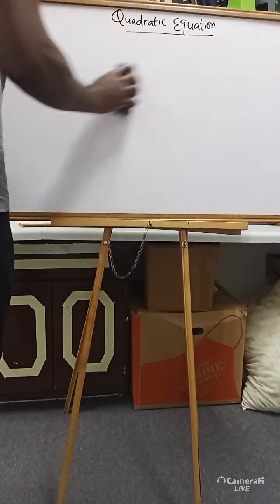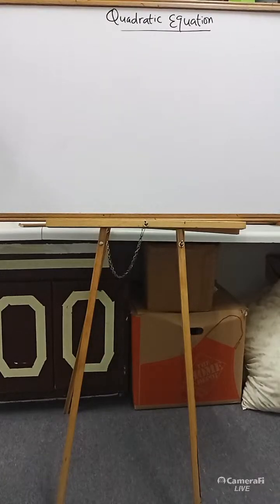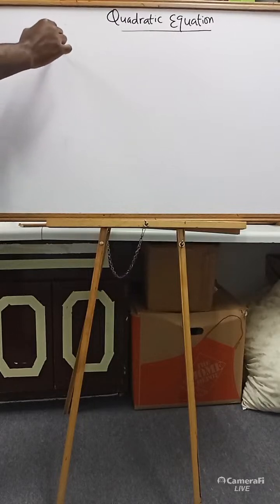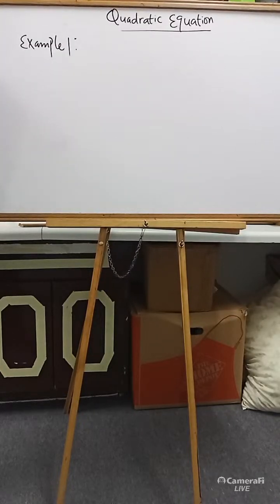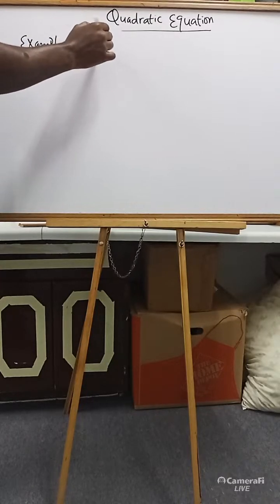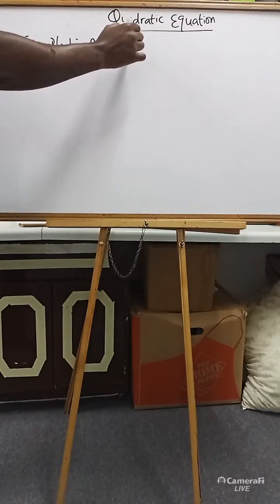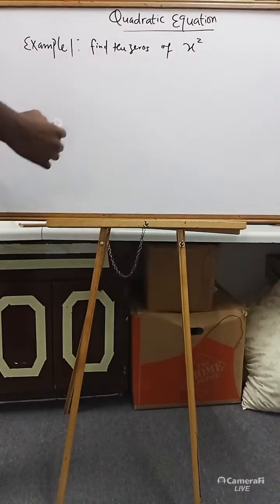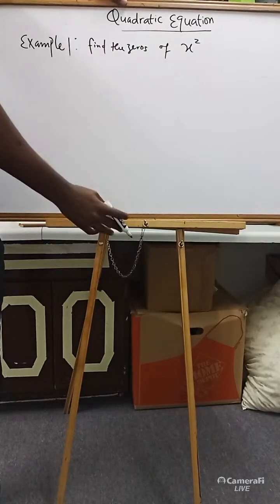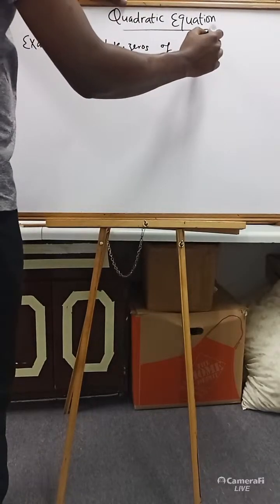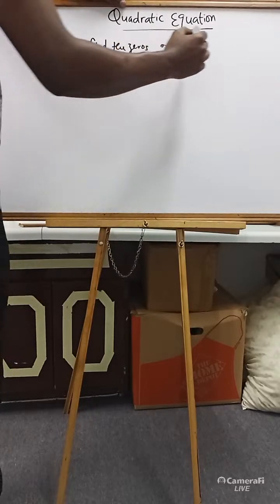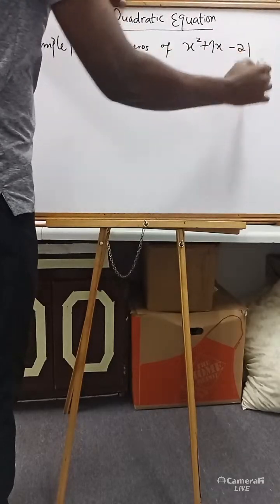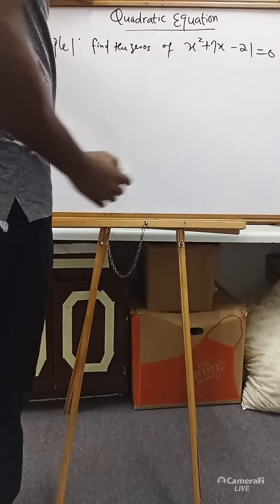Now, let's consider the following example. This is example 1. Find the zeros of this quadratic equation: x squared plus 7x minus 21 equals 0.